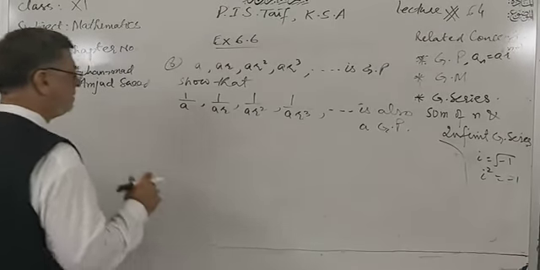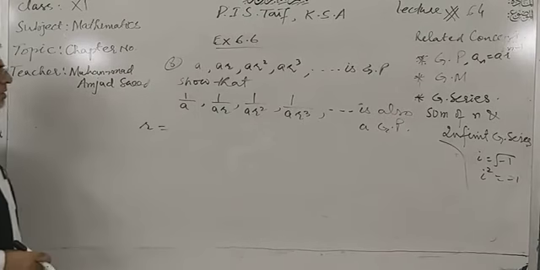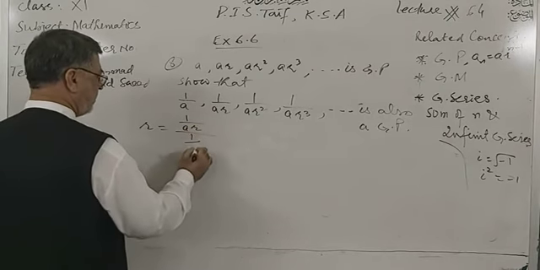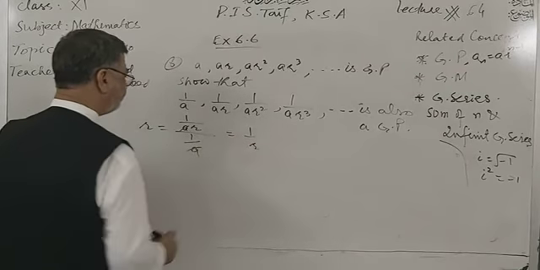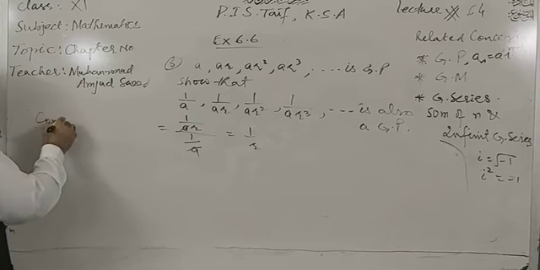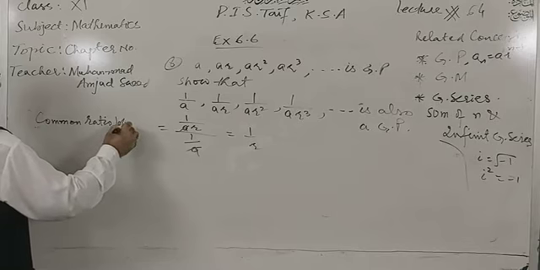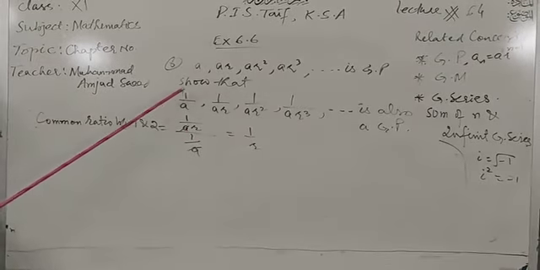So here, for example, R is equal to second over first. 1 over AR over 1 over A, A cancelled out, this is 1 over R. This is common ratio between term number 1 and 2.